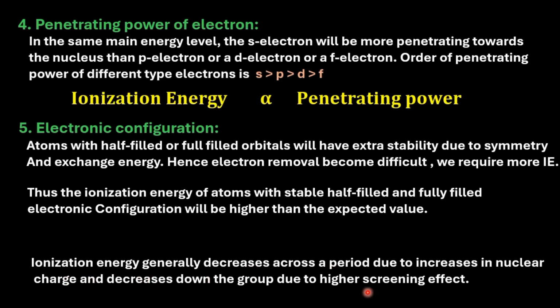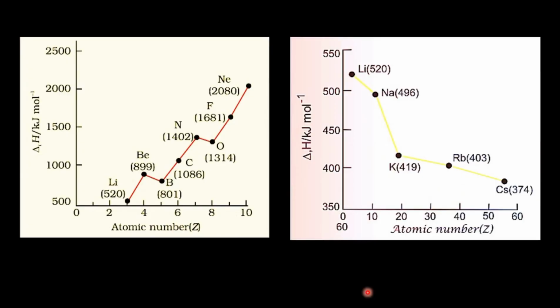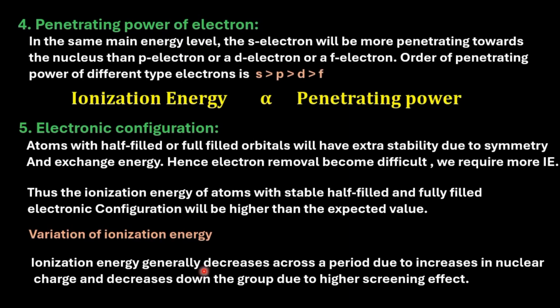So ionization energy increases in a period and decreases in a group from top to bottom. If you see the graphical representation, ionization energy generally increases in a period as nuclear charge increases, and decreases down the group due to higher screening effect.